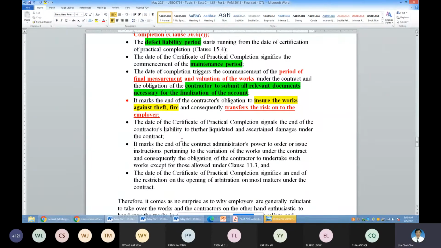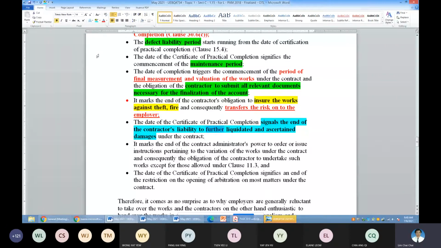The date of CPC signals the end of the contractor liability for LD. I hope you understand this interpretation. CPC issued signals the end of the contractor liability to further LD. See, the keyword is further LD.